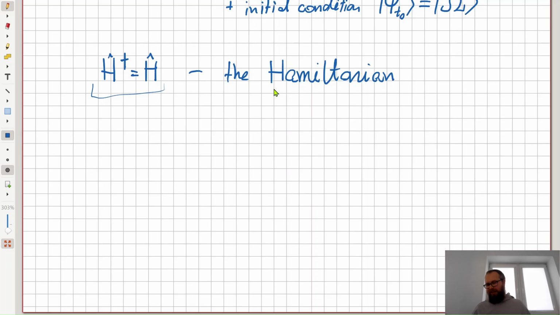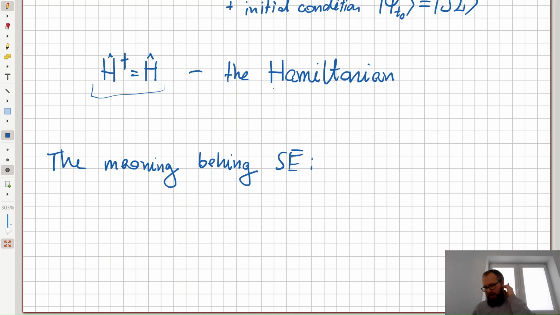I have here a spiel. Meaning of Schrodinger equation, SE. Maybe I just write it down verbatim. It's something like this: a vector valued function of time.